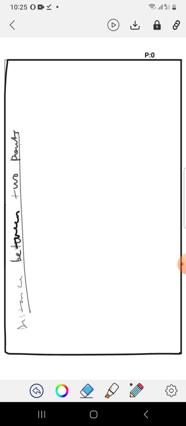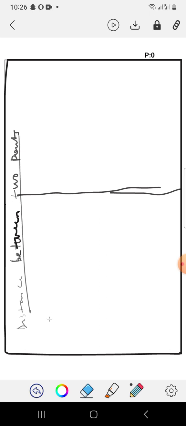So what we do first is that it will be easier for us to learn the theory. All right, let me divide the page into two.